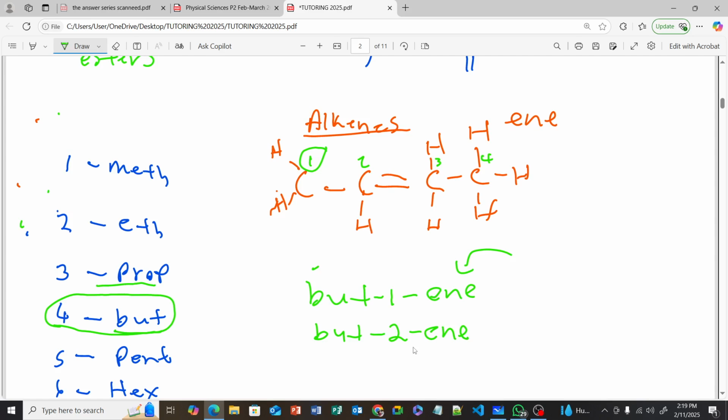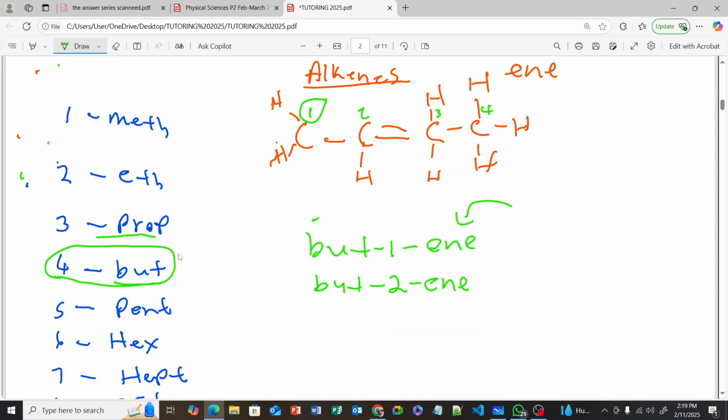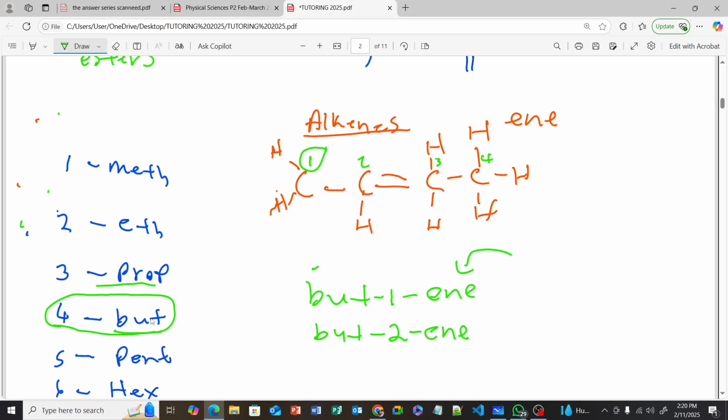Okay, then we have the alkynes. Now alkynes are similar to alkenes with the exception that it's a triple bond. Now let us rub here and determine the alkynes.